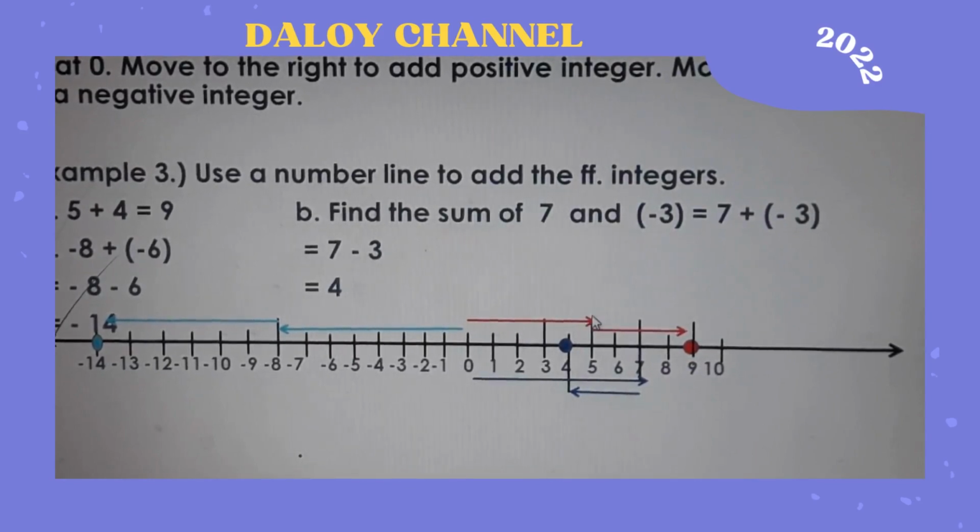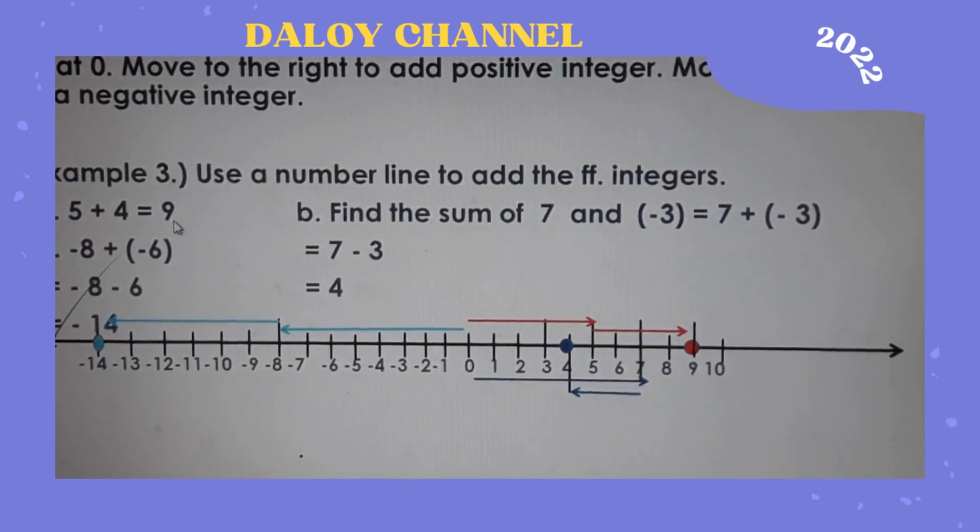Then we proceed adding a 4 unit distance from 5: 6, 7, 8, 9. So until we reach 9, the answer satisfies the given result. Adding 5 plus 4 is equal to 9. So it is true that a number line can also show addition of two or more integers.